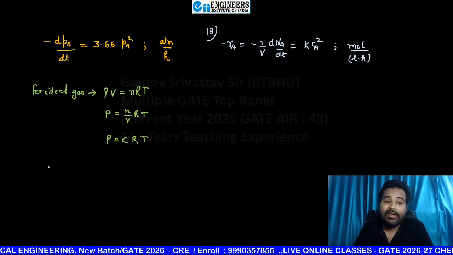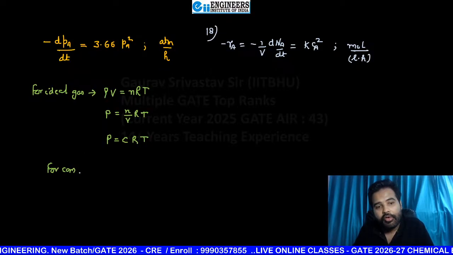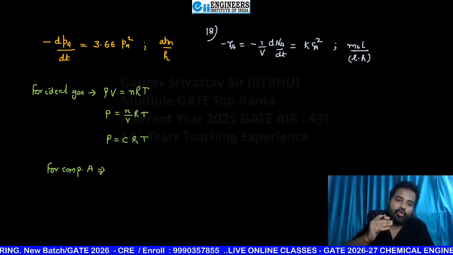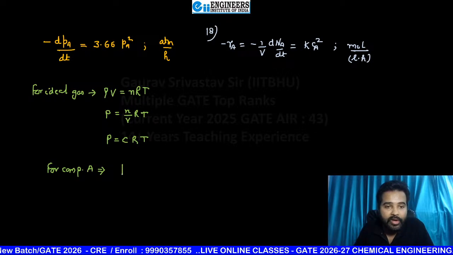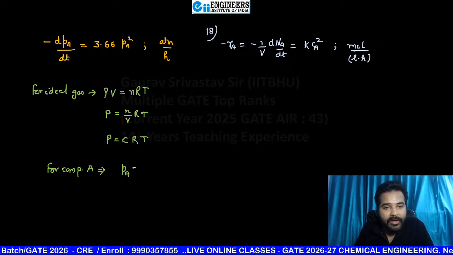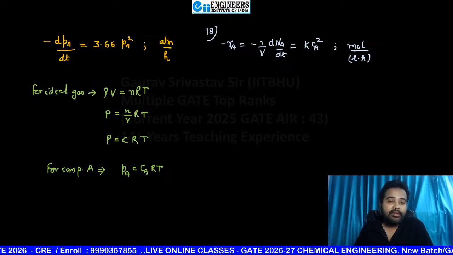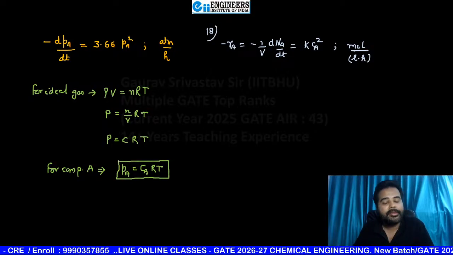Now, if we are writing just for any component A, then my dear student, this total pressure is now substituted by partial pressure. So here now you have to write PA, and instead of total concentration, concentration of A, so you can write CART. That means beta we can write in place of PA, CART.